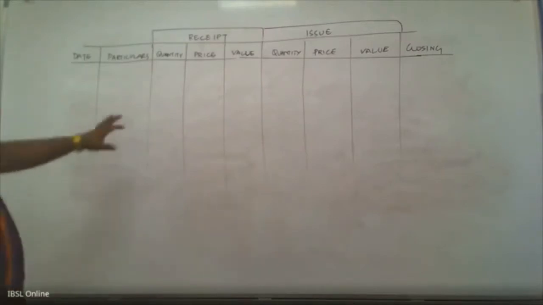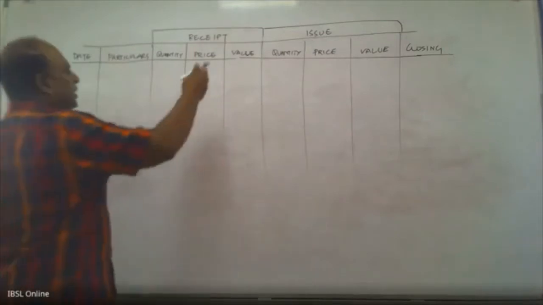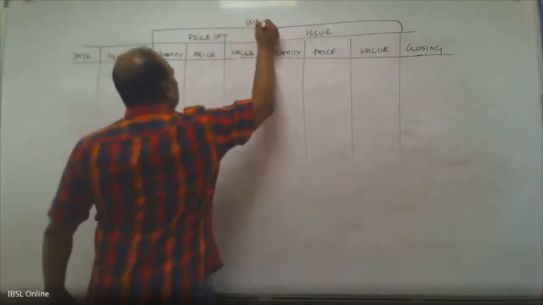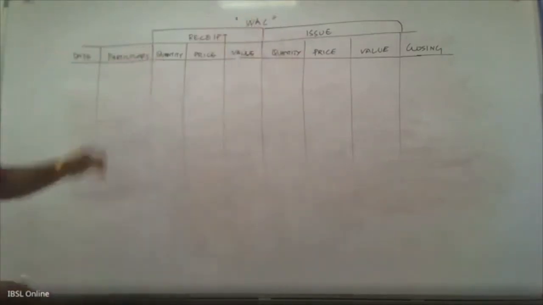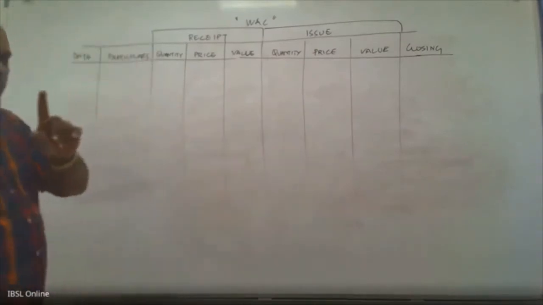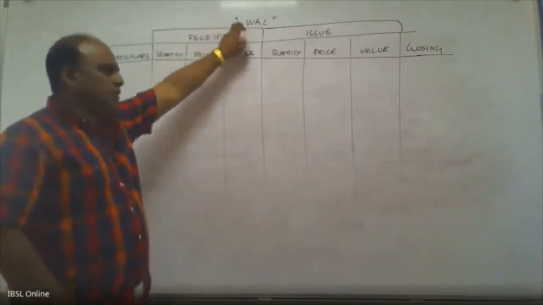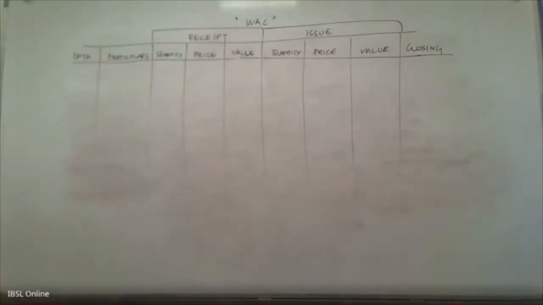Why I am giving you this template is because for the weighted average cost method, you can use this. So I am leaving that to you. You all have to think about it and do the same question using the weighted average cost method.